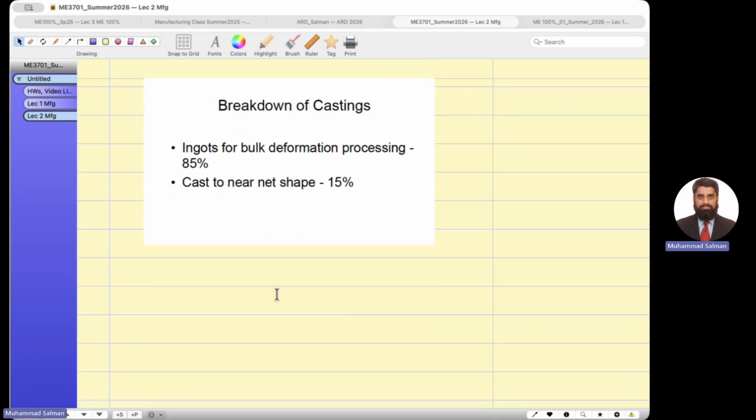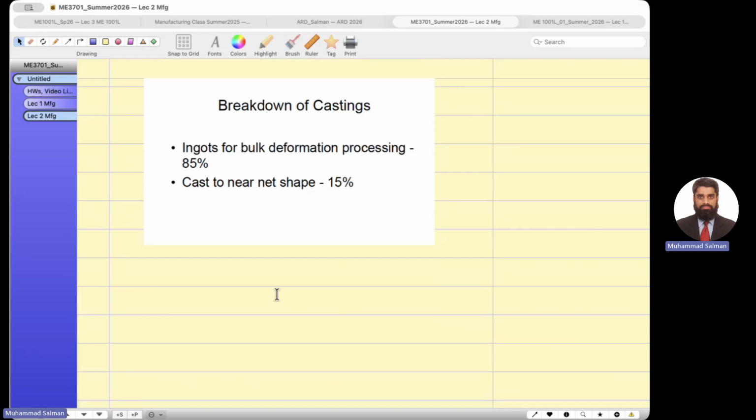So you make ingots. Ingots are small pieces of cast metal, and you use them in deformation processes such as rolling, extrusion, drawing, and forging.